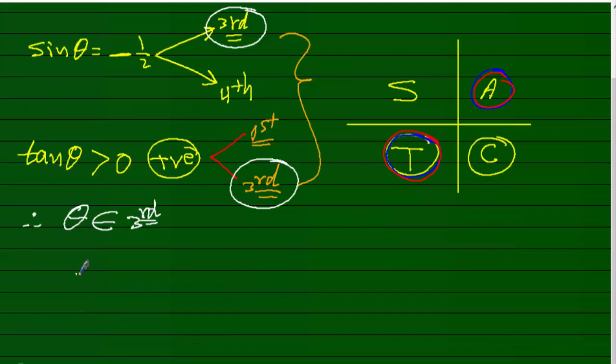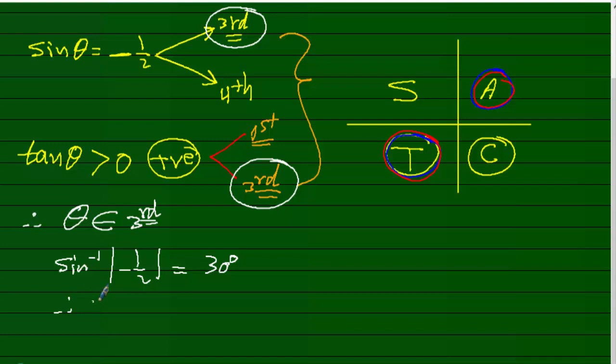And now let us calculate theta when it lies in the third quadrant. First we calculate theta in the first quadrant. So we write sine inverse of the absolute value of negative half. When you calculate it in your calculator, it is equal to 30 degrees. So theta in the first quadrant equals 30 degrees. But theta lies on the third quadrant.